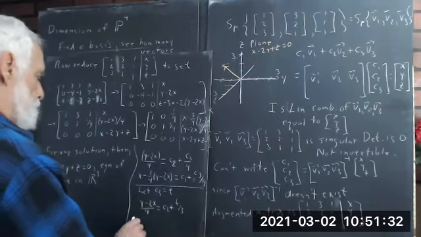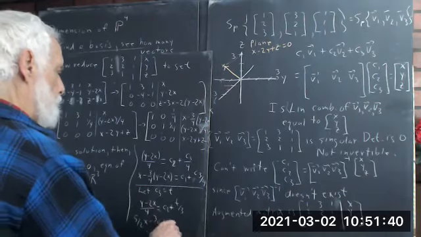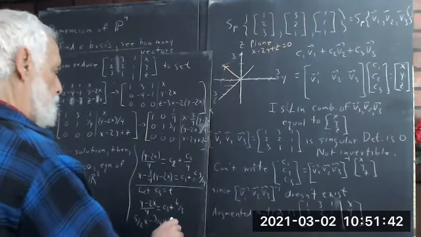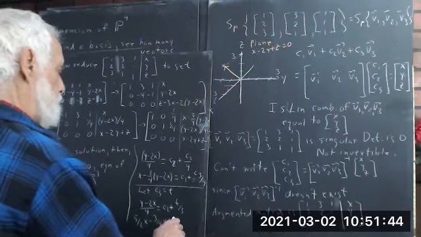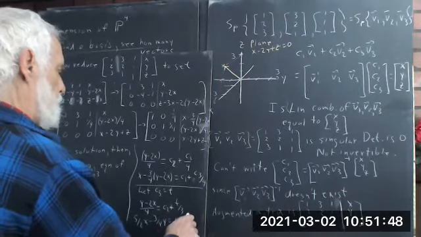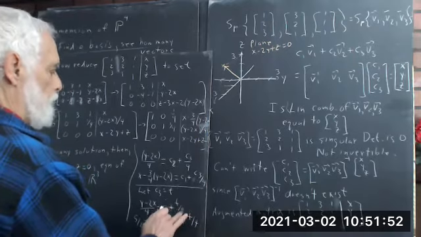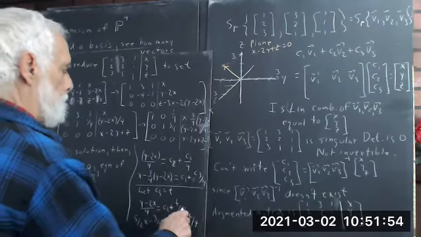So we get 5/2 x minus 3/4 y equals C1 plus 2 over 4. This should be 2 over 4 here.